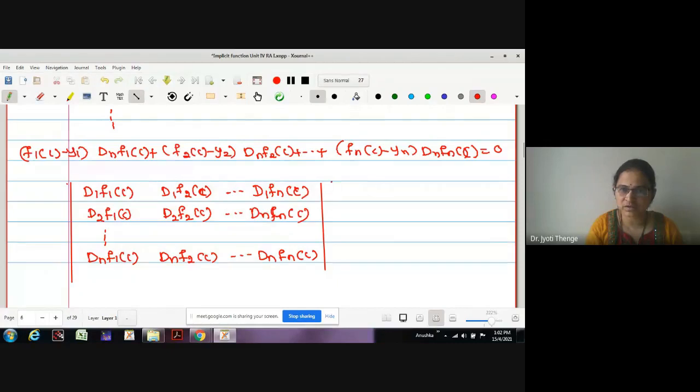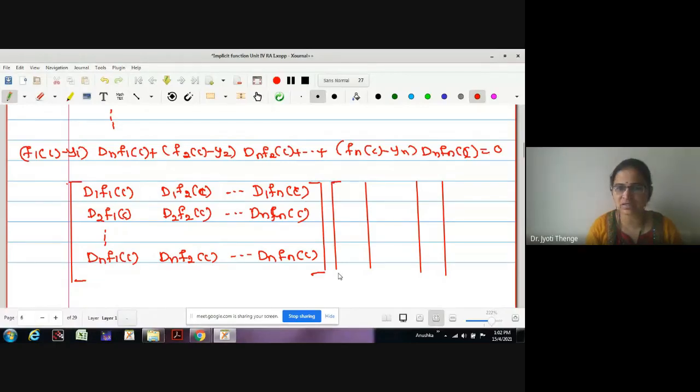And what is the matrix of variables? Which is the system of the type Ax is equal to 0, no? What is the first variable? f1(c) minus y1.